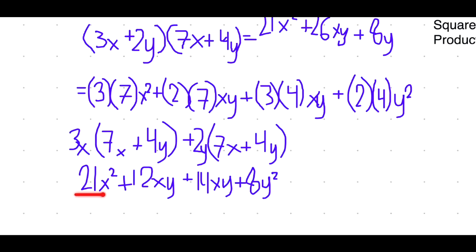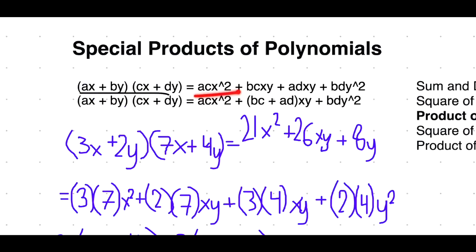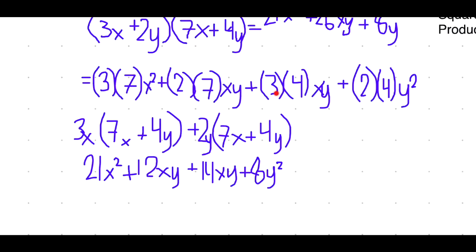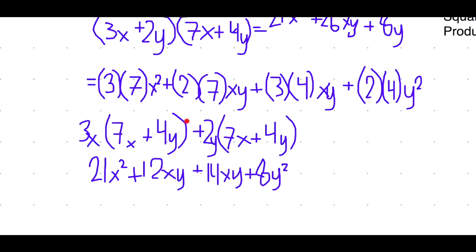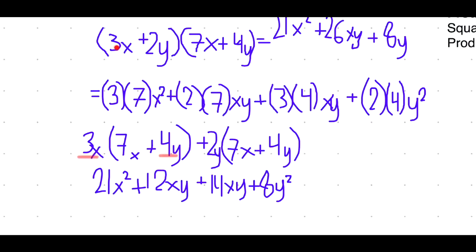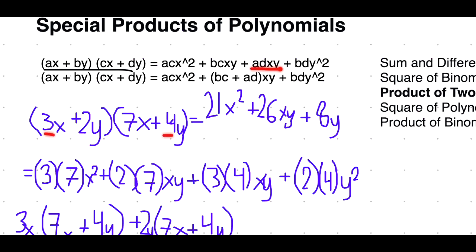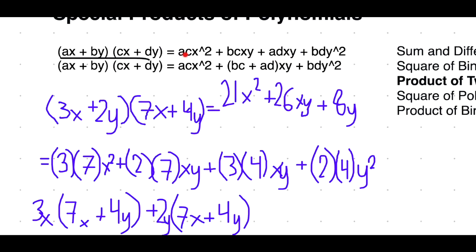Then we had 3 times 4, that's A times D, which we see over here. Remember the order, it's okay if the order of these two are swapped, because the answer is still going to be correct even if it's written as ACx squared plus ADxy plus BCxy plus BDy squared.